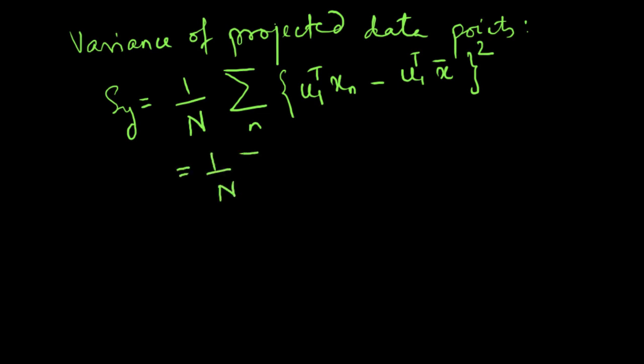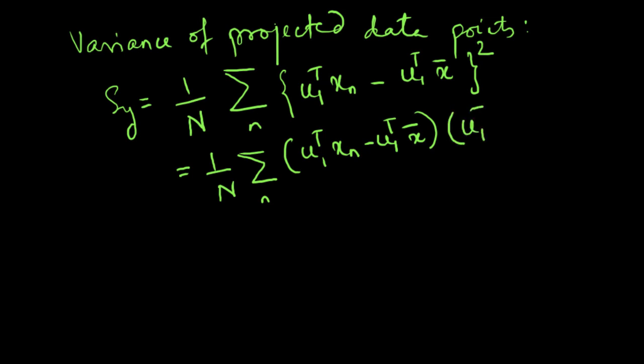So you get 1 by N summation over n of u1 transpose xn minus u1 transpose x bar, multiplied by u1 transpose xn minus u1 transpose x bar, transpose. Now what we can do is take this transpose inside, so then this multiplication will flip. So what do we get?